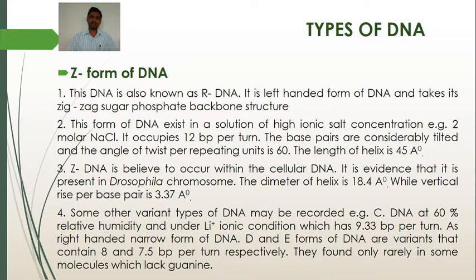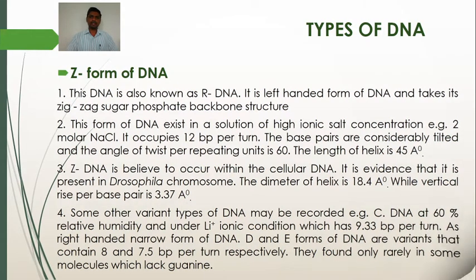So these are the different types of the DNA: B form and A form, which are right-handed, and the third one is the Z form of the DNA, which is left-handed and takes a zigzag sugar phosphate backbone structure.